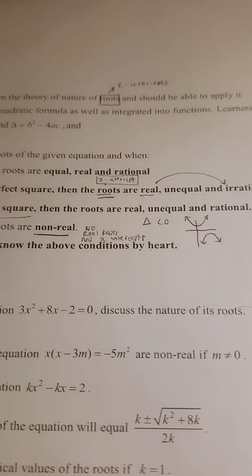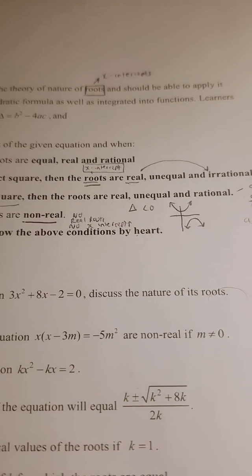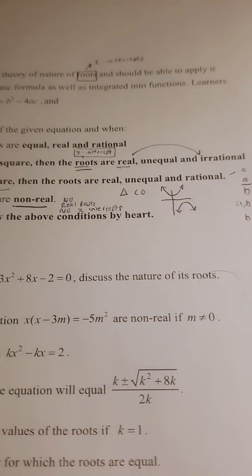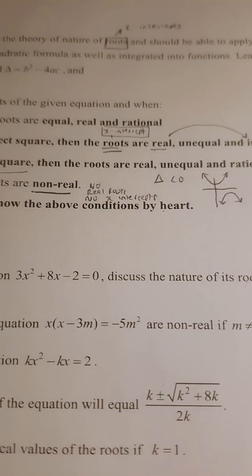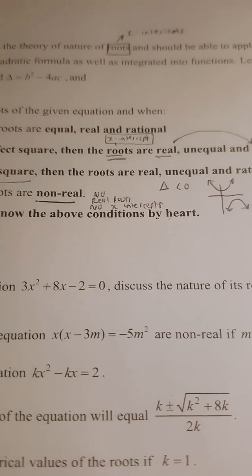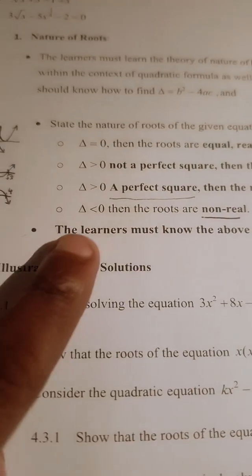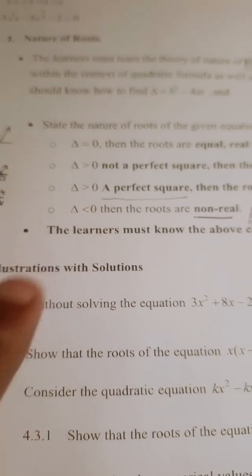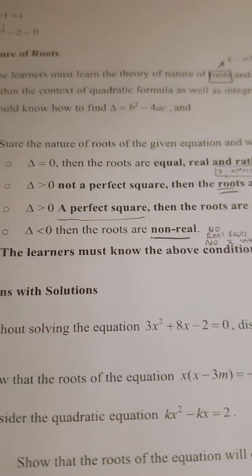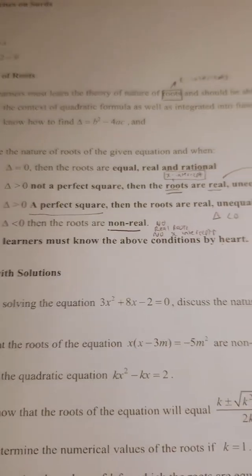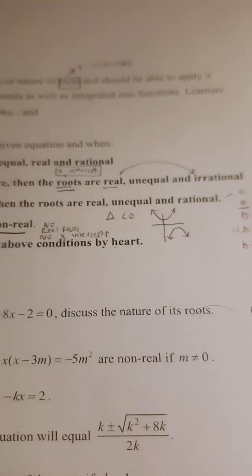So when you solve for that particular function's x-intercepts, you find that you cannot find any. Your calculator will say maths error when you try to use the quadratic formula, because there are no real roots. That's delta less than 0. That's when you get a delta value that is negative. Then you say one thing: the roots are non-real. Finished, full stop. Graphically, this is what you will see for non-real roots.